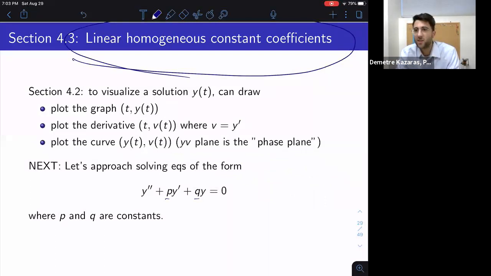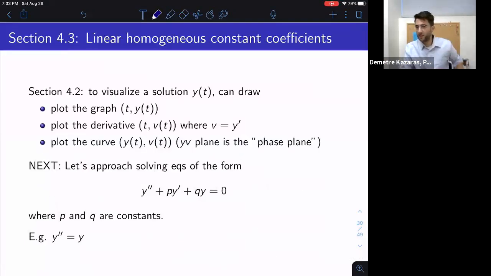So this is a constant coefficient, linear, homogeneous, second order equation. You wanted to say all the qualifiers. This is one of the most simple forms that these equations take. Let's start there and figure out how to solve it.